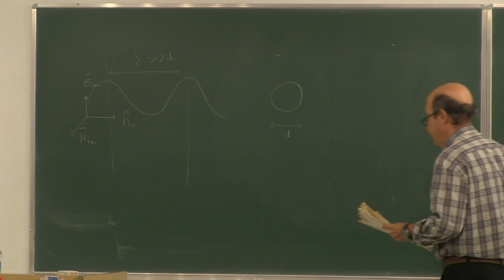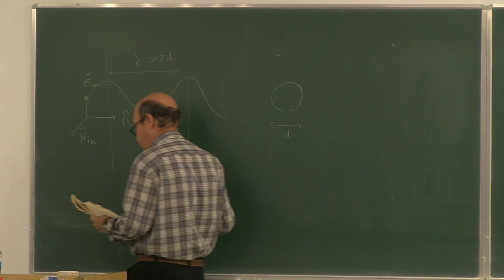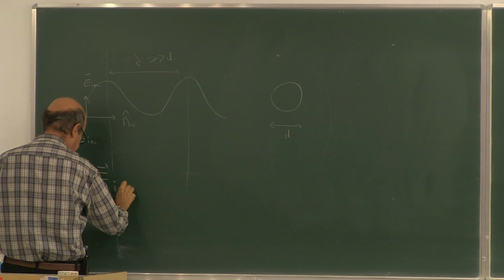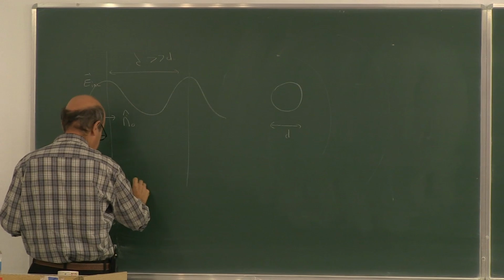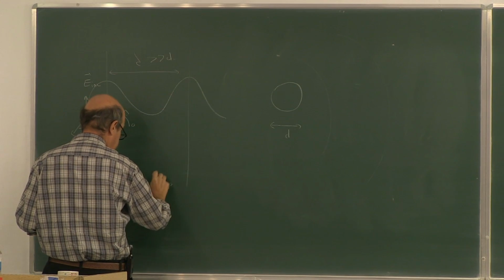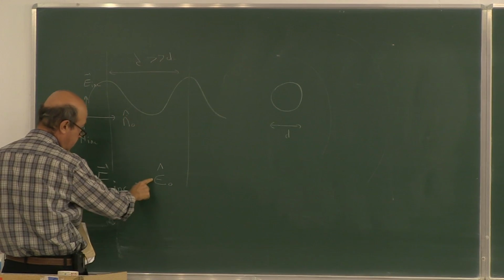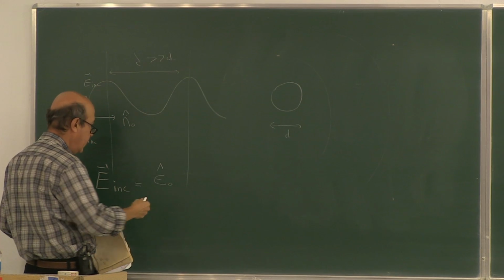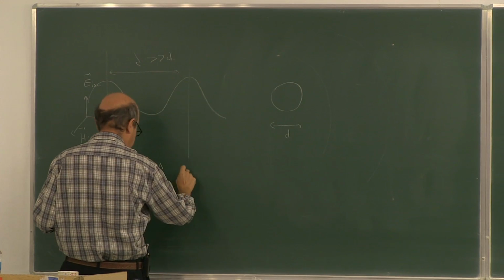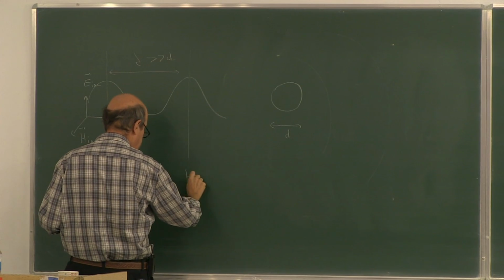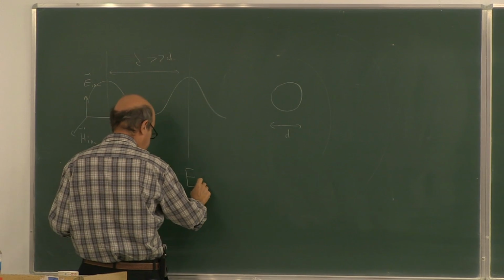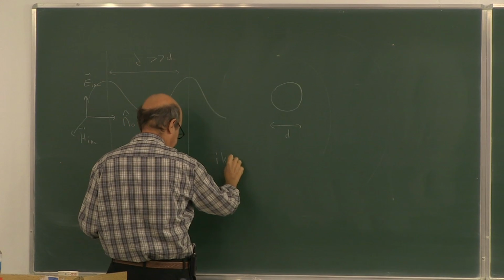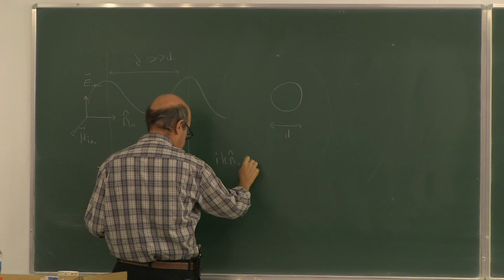If we denote the incoming wave as E incident, it has some polarization, which I will now denote as a unit vector, and it's also a complex number, some polarization, the amplitude of the field, and a phase term.